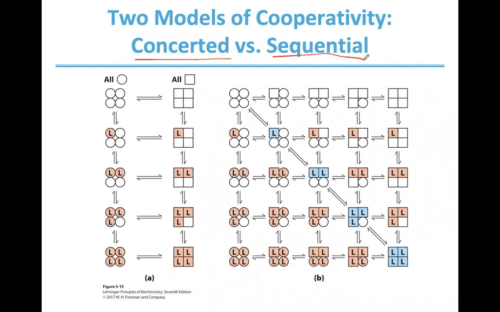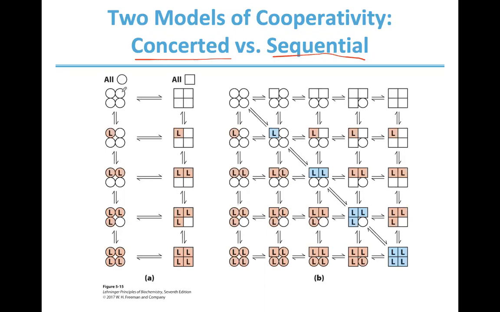So, concerted: I think the circles are low affinity states. Hold on a second.